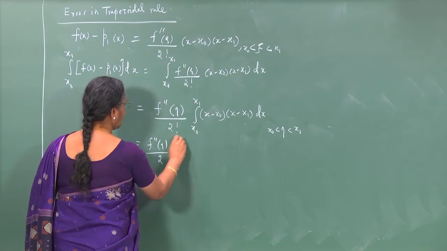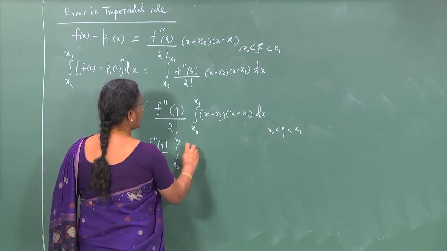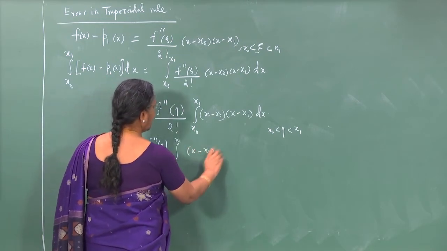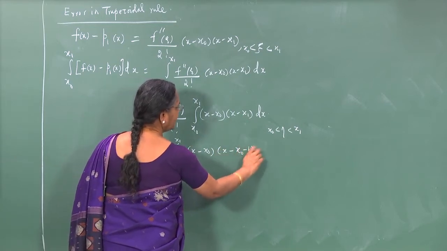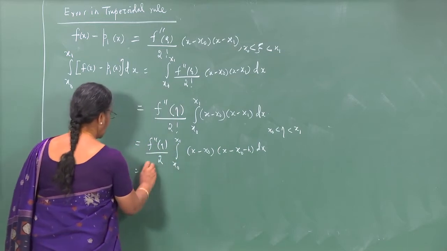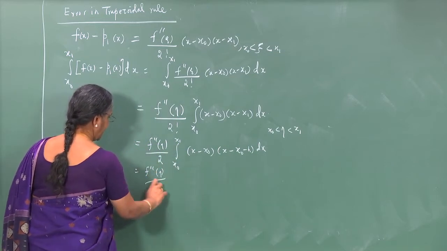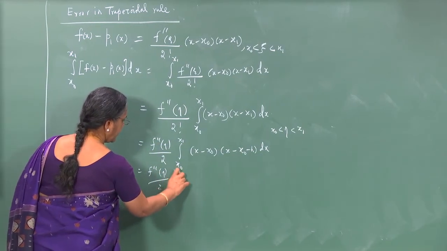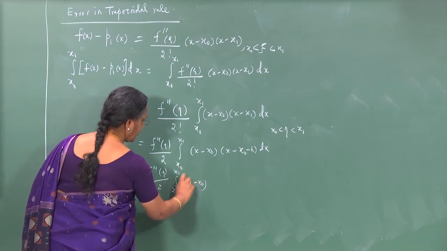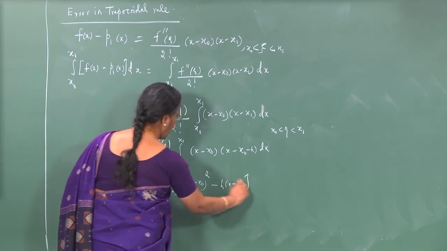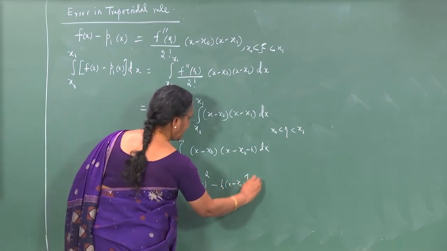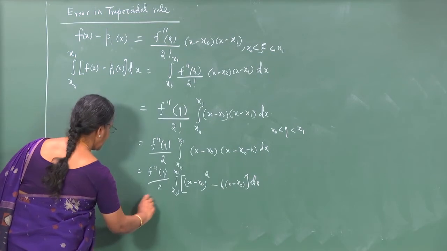So, x0 to x1 of x minus x0 into x minus, I use the fact that x1 is x0 plus h. So, that gives you f double prime eta by 2 into x minus x0 the whole square minus h into x minus x0, and that must be integrated with respect to x.